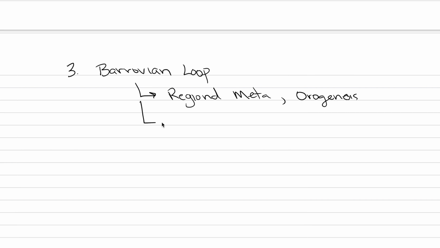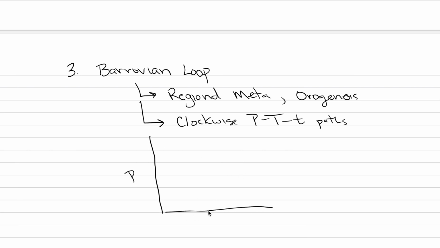The Barrovian loops have clockwise PTt paths. So what we see in a Barrovian loop in terms of graphing it, here's pressure, here's temperature, is that we get our prograde path, something like this, and this is our orogeny.